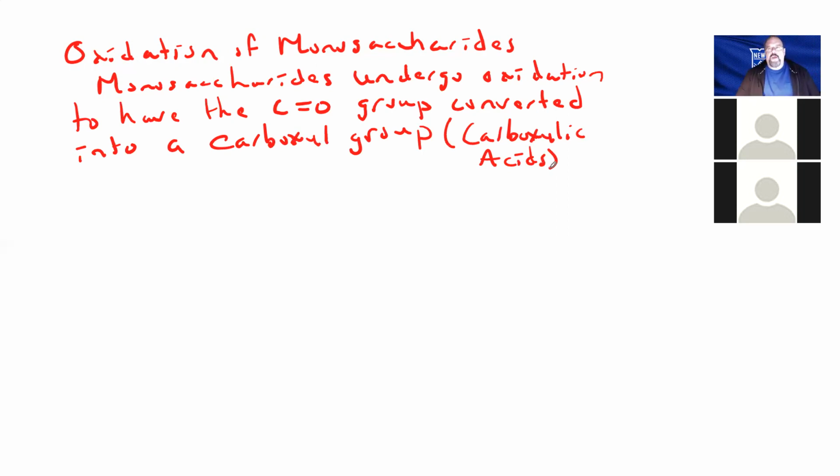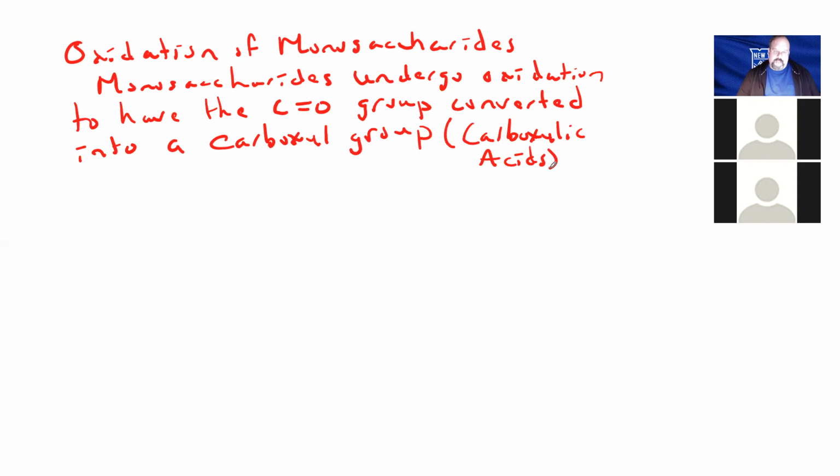Now, the reason why this should be a little bit surprising is because if you think about ketoses, like fructose, when you go back and think about our discussions in chapter 12 about oxidation of alcohols, aldehydes, and ketones, we talked about the fact that ketones basically do not undergo oxidation.